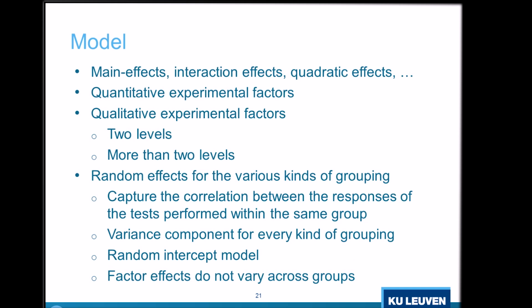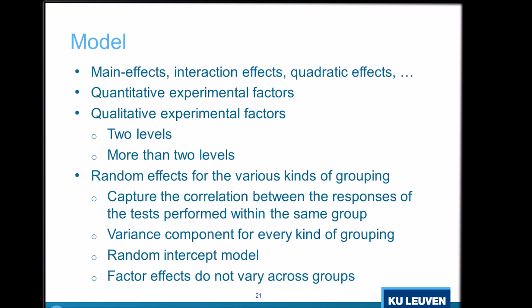On slide 21 then, you can see some more details about the models that we used. We were very general in the models that we used in the sense that we could handle main effects, interaction effects, quadratic effects of quantitative experimental factors, but also of qualitative experimental factors.